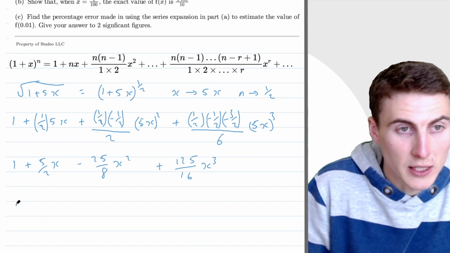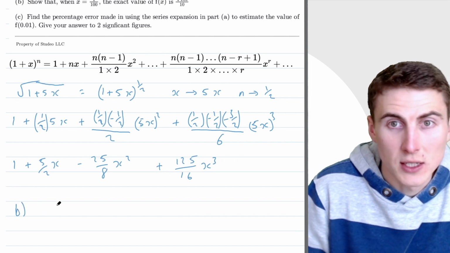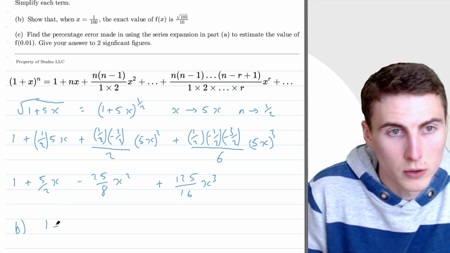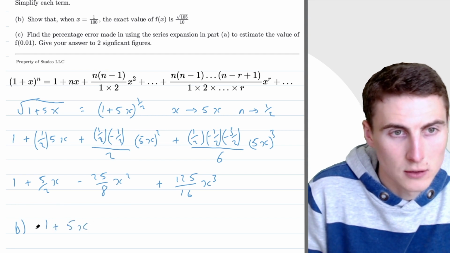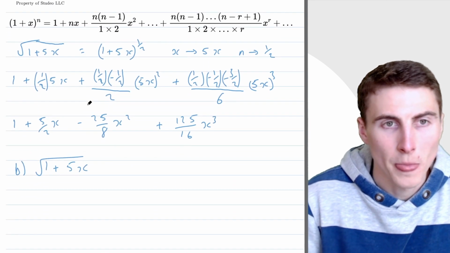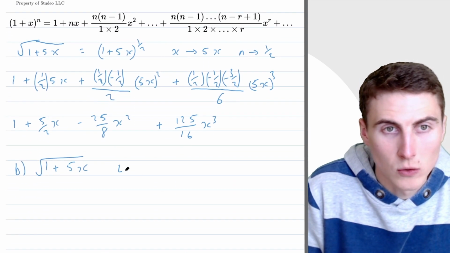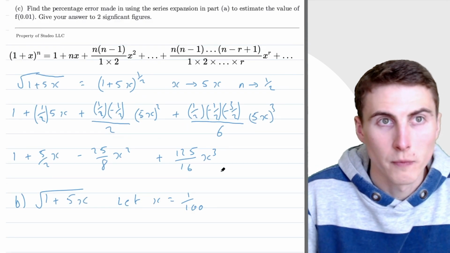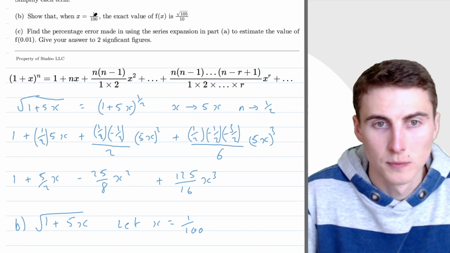So we can say that for b, we're going to take our function, root 1 plus 5x, and we are going to let x equal 1/100, because that's what they asked us to do.